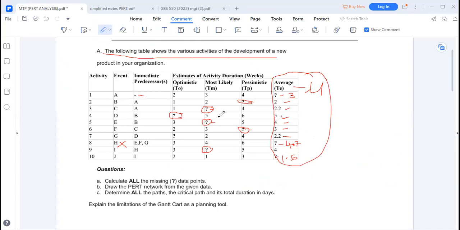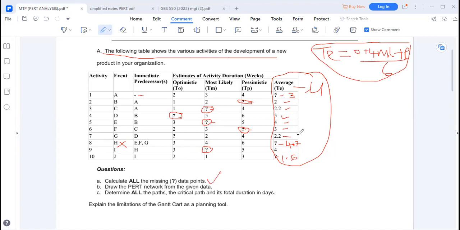These other ones can be found for each of them by manipulating the formula, time expected equal to O plus 4, which is constant, for ML, then plus P, then over 6. So we are using this as a constant formula to find the missing parts. By just substituting and cross multiplying, we are able to get the other figure. But we are interested in this one. So the missing figure for the first point is calculated using that.